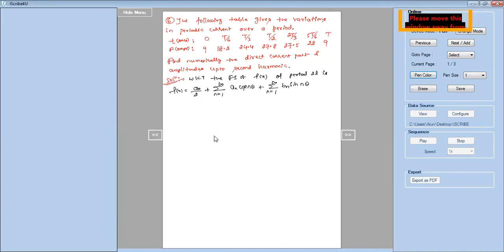So the Fourier series up to second harmonic is f of x equal to a naught by 2. So n is 1 and 2.